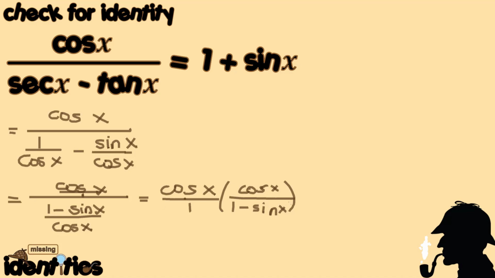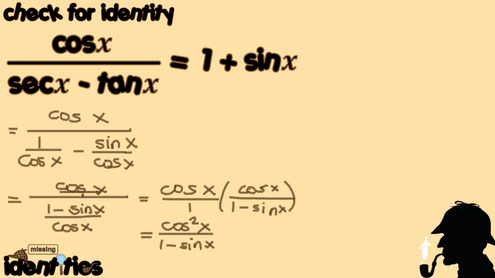When you multiply that, of course, numerator to numerator, denominator to denominator, cosine x times cosine x, we have cosine squared x over 1 minus sine x. Again, this is not the same as our target. Our target is just 1 plus sine x. At this time, we're going to apply the idea of proportion.